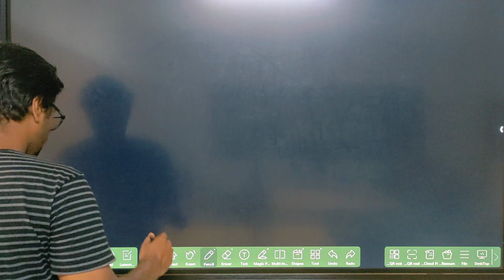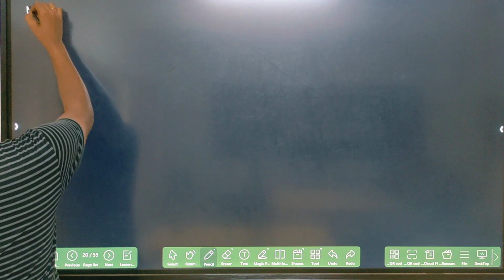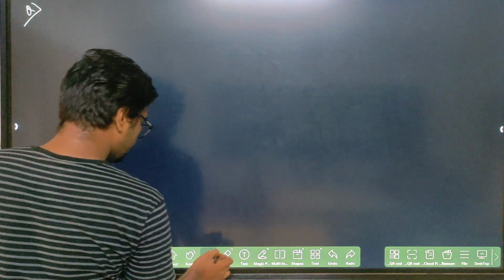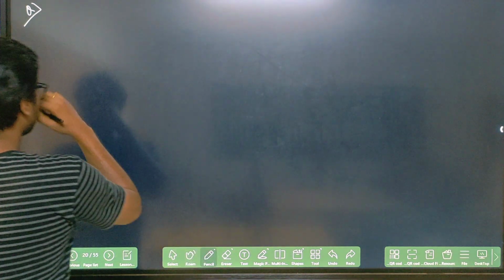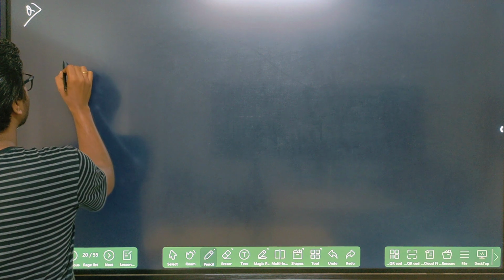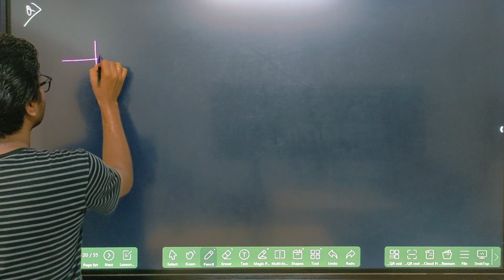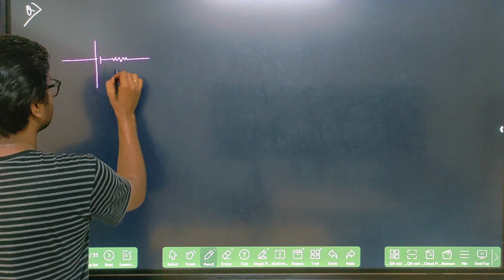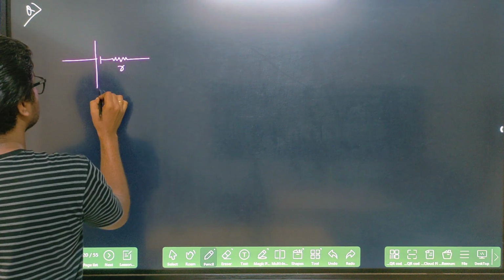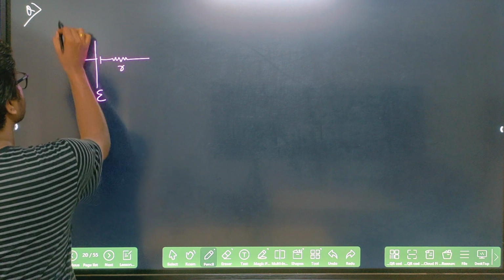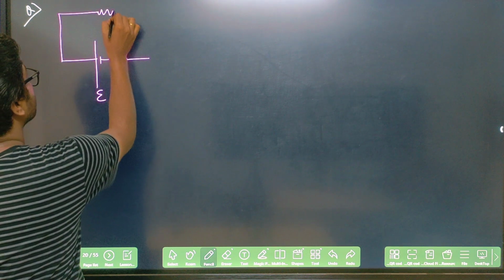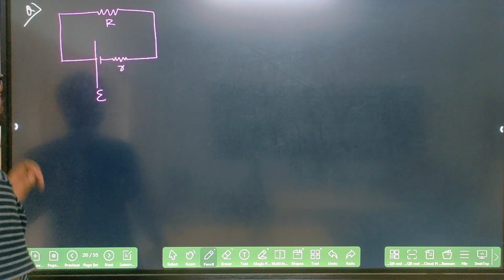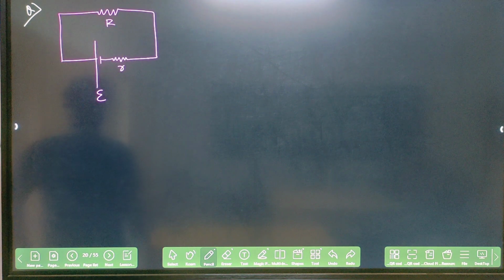Next question, we'll see another question. What this question is basically saying: let's say I am now taking a practical cell which has an internal resistance, let's say small r, and this has an EMF E, and it is connected through a resistor R. Okay.